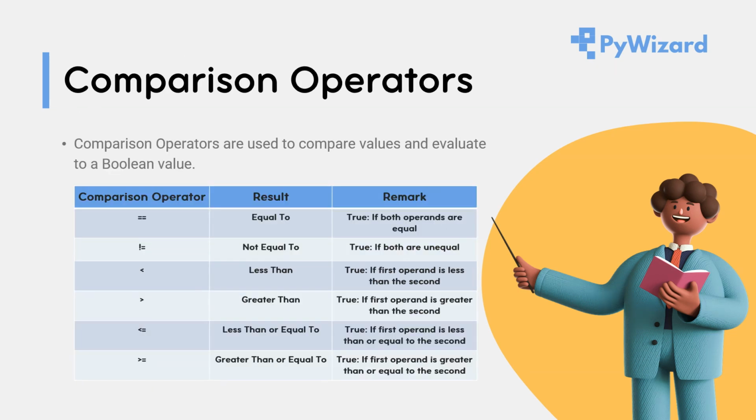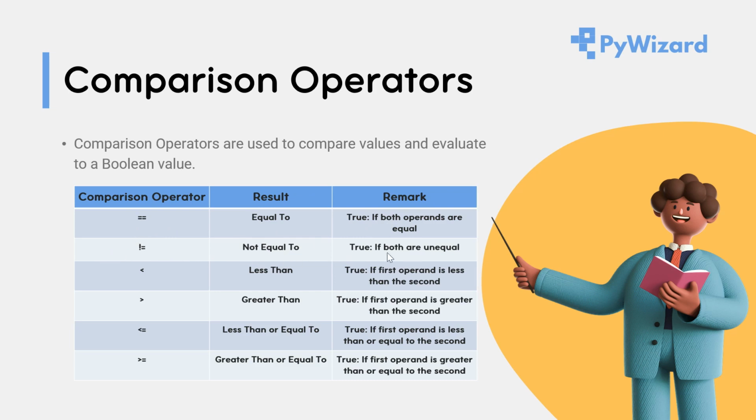That is, if something is not false, then it is true, and if something is not true, then it evaluates to false. Now, before we start looking at Boolean operators and examples relevant to them, let us first look at what comparison operators are. Comparison operators are basically used to compare values and they evaluate down to a Boolean value. Now, for example, this expression here is an equal to operator, and it is true if both operands are equal.